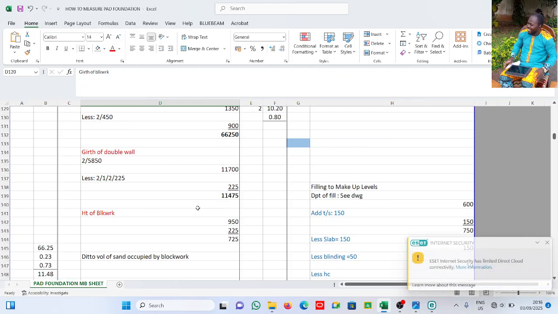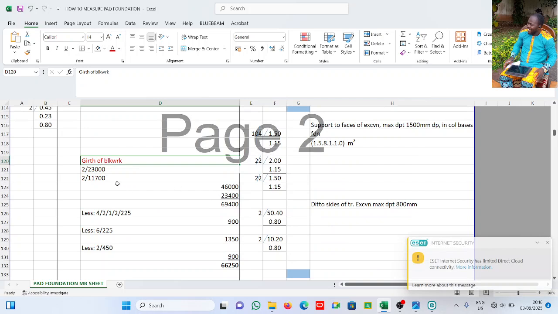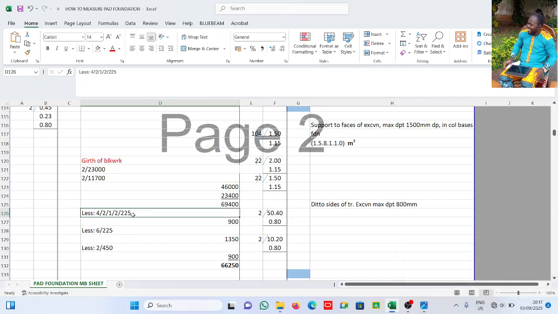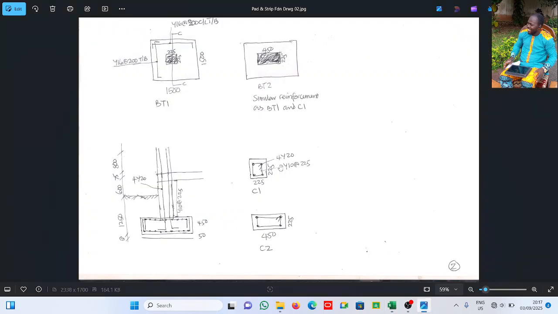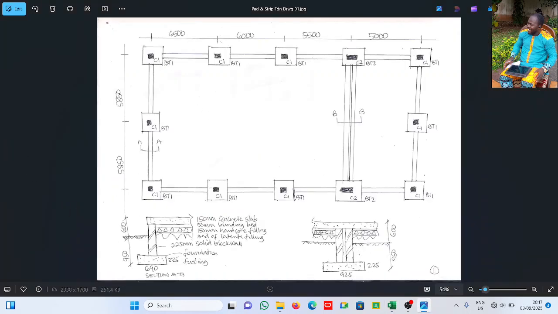Right. Now let's see it. So of course this is my block wall. This I less 4 by, remember what we did before, but now I'm not lessing base, I'm lessing walls, because the block wall is from here. I'm lessing walls rather, 225 half by 225 half by 225.